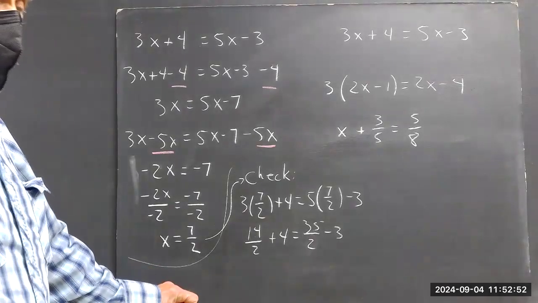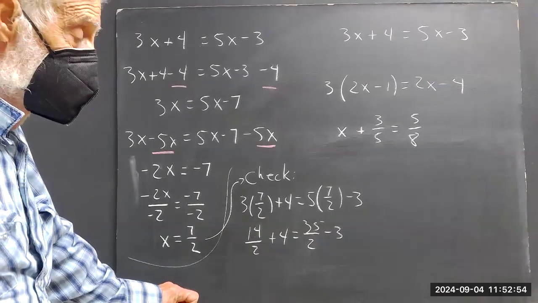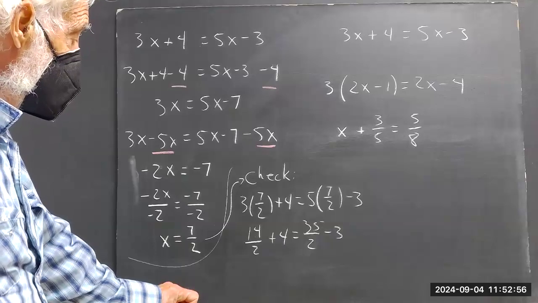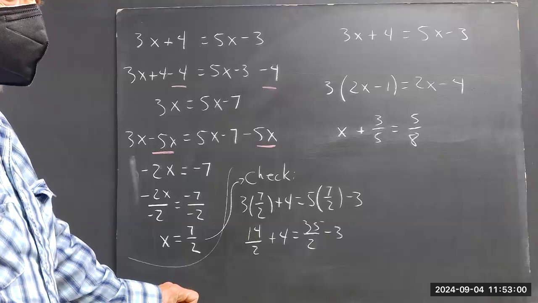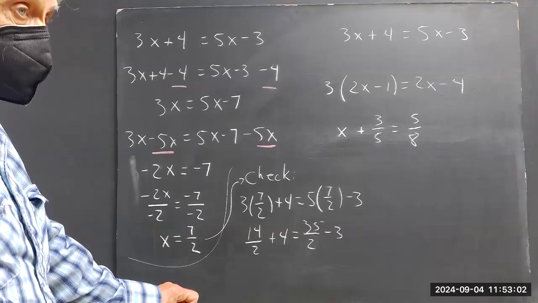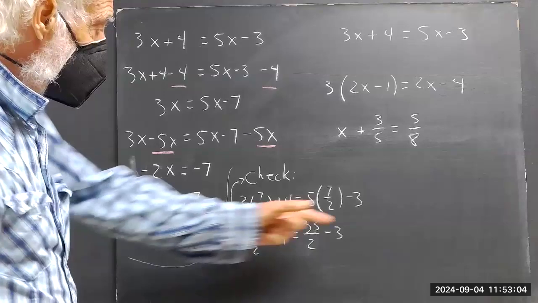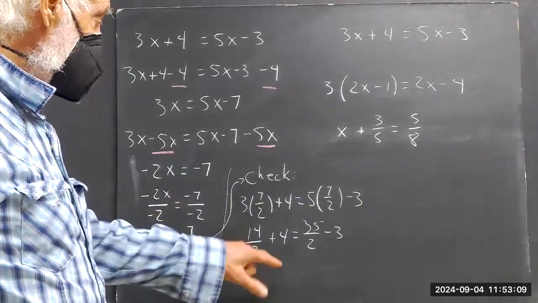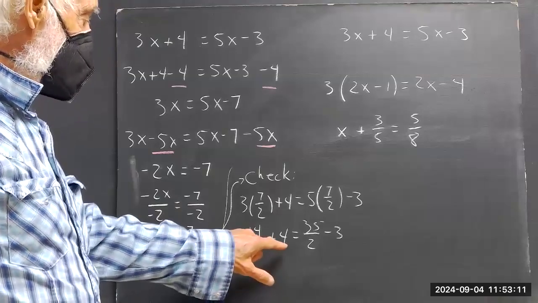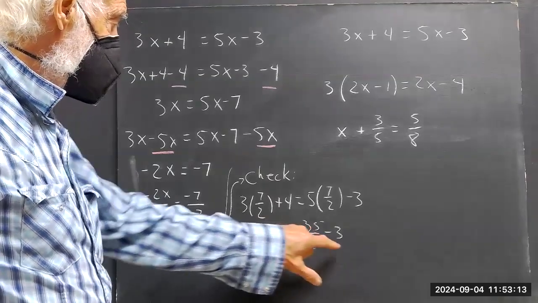Now I'm going to do something that's really the easiest thing you can possibly do with an equation. If you have fractions, if you have denominators in an equation, in general, you can multiply by the common denominator. There's only one denominator. Well, you have denominator 2 and implicitly denominator 1 on these two.